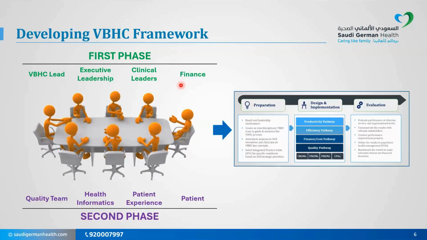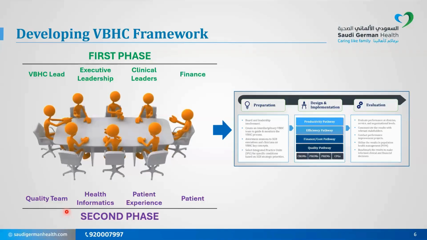Our second phase was to ensure that this will be cascaded not only to our branches and our second level, but also to ensure that the patient is a core pillar in development and monitoring of the whole program.